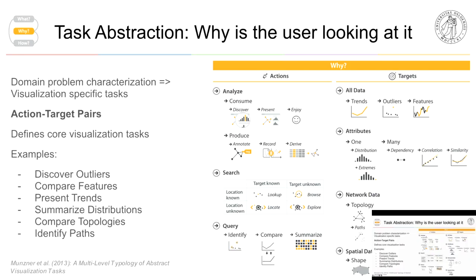So the way this works is you pick one action from this side, and then you pick a target from this side. So for instance, you could say you would like to discover outliers, or you might want to compare features, or you might want to present trends, or summarize distributions, compare topology, identify paths, and so on, right?